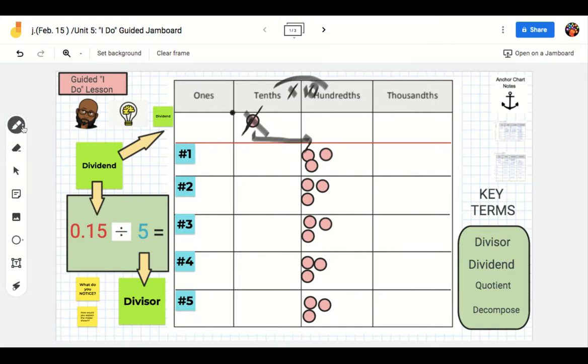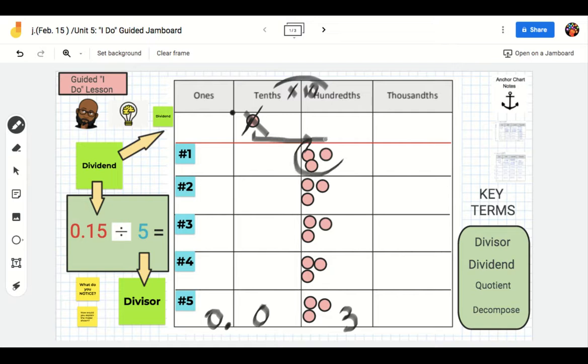So what does my math thinking show? How many ones did I share equally? 0. I have 0 ones. How many tenths do I share equally? 0. None were shared equally. How many hundredths did I share equally? 3.